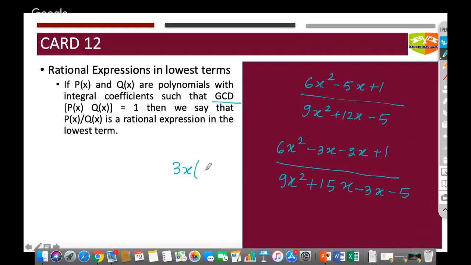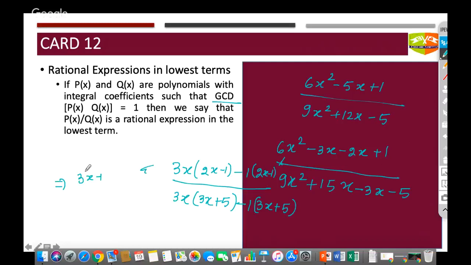The numerator I can write as 3x(2x minus 1) minus 1(2x minus 1), and the denominator can be written as 3x(3x plus 5) minus 1(3x plus 5). So from the numerator you can write (3x minus 1)(2x minus 1), and the denominator you can write (3x plus 5) multiplied by (3x minus 1).